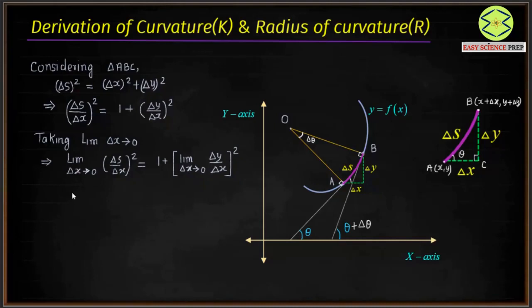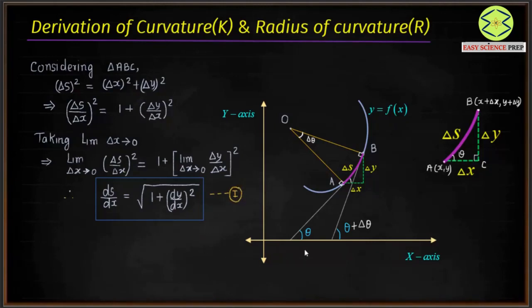So you can simplify this. We will be getting a simplified expression as ds by dx equals square root of 1 plus dy by dx the whole square. This is a very important point. We can note it down over here. Let me call this particular equation as equation 1.